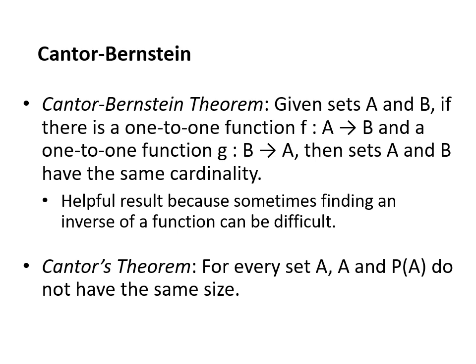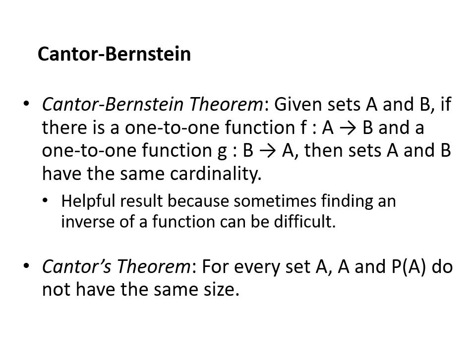This also leads us to two important theorems. We're not going to prove them. I'm just going to state them. They're kind of interesting. The first one is the Cantor-Bernstein theorem. It says that given sets A and B, if there is a one-to-one function f that maps A to B and a one-to-one function g that maps B to A, then sets A and B have the same cardinality. This is a helpful result because sometimes finding an inverse of a function can be difficult.